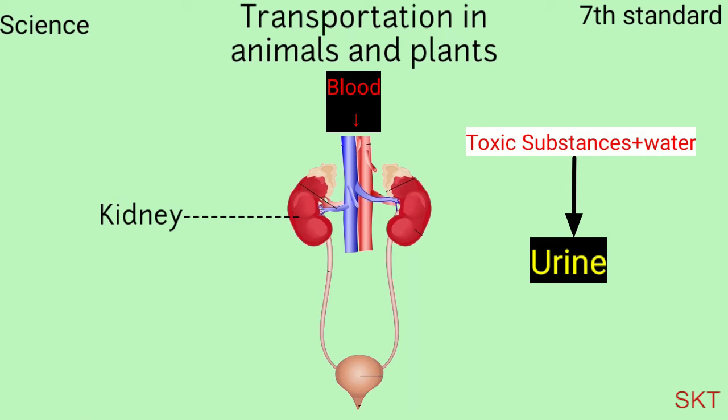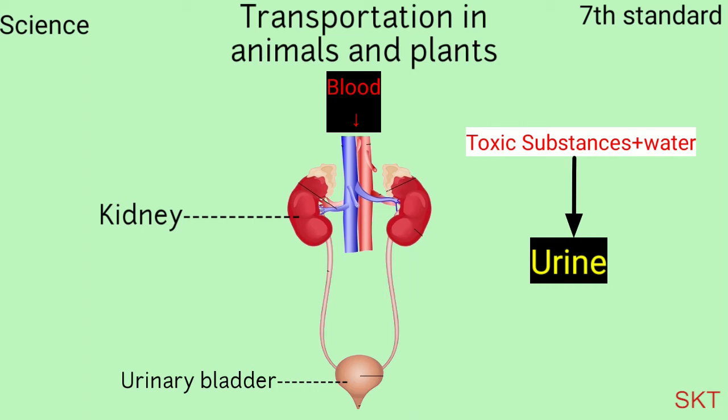So now let us understand how this urine moves out of our body. The kidney purifies the human blood and the waste toxic substances are dissolved in water. This forms the urine, so the formation of urine takes place inside the kidney. From the kidney, the urine moves into the urinary bladder. The urinary bladder is a bag or sac-like structure which stores urine.